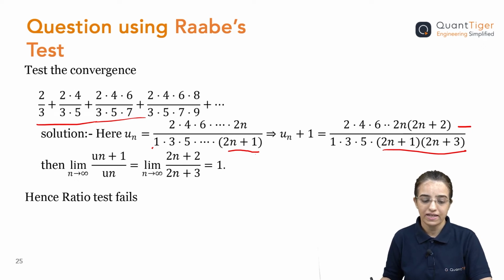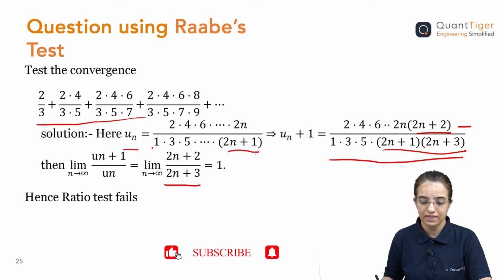Now we have to take the ratio of un plus 1 upon un. If you take the ratio, everything will get cancelled and you will get 2n plus 2 upon 2n plus 3.